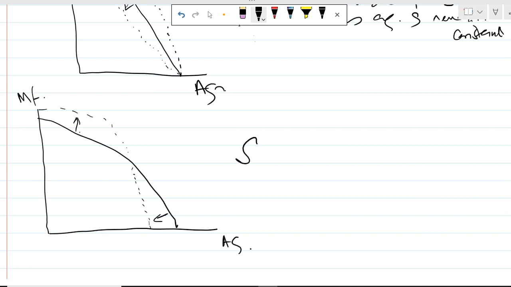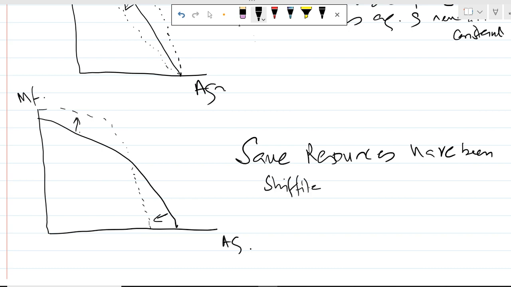The same resources have been efficiently shifted from agriculture to manufacturing.